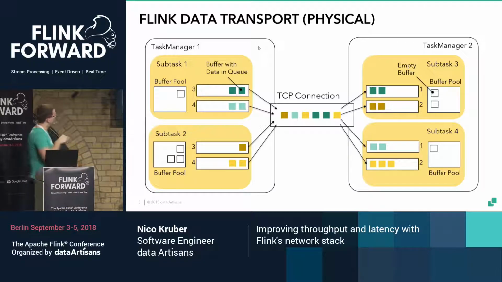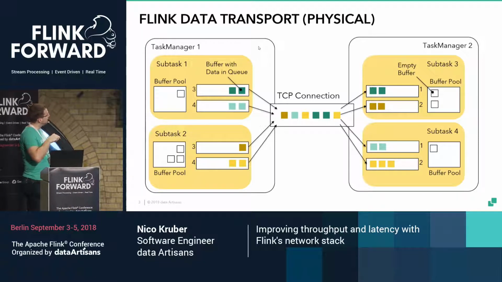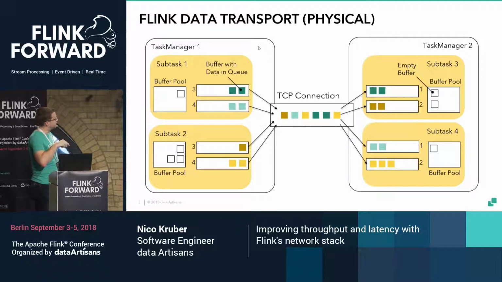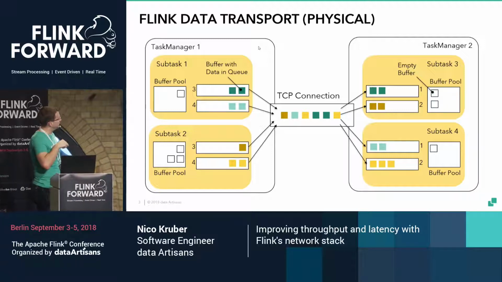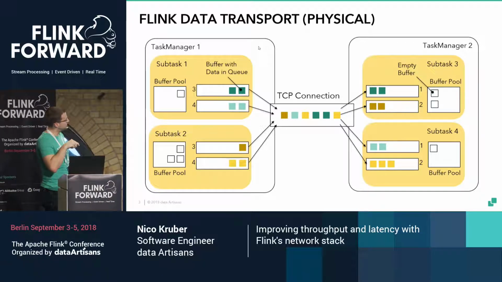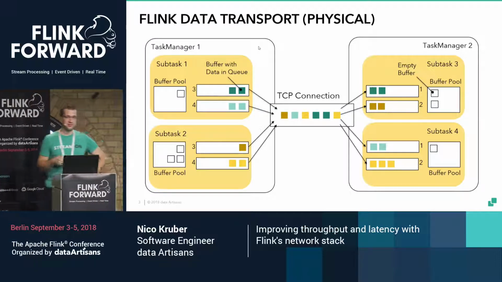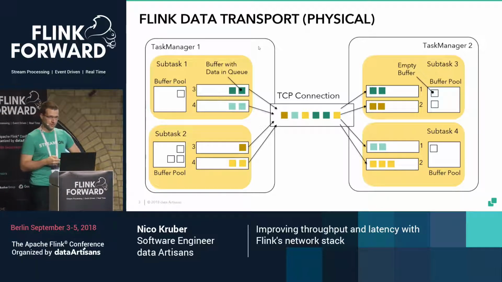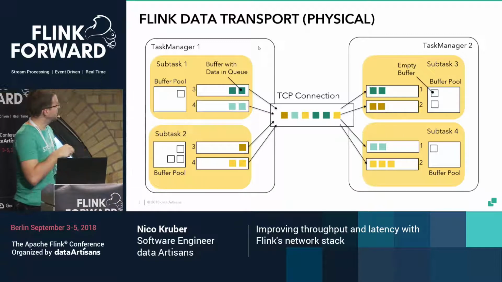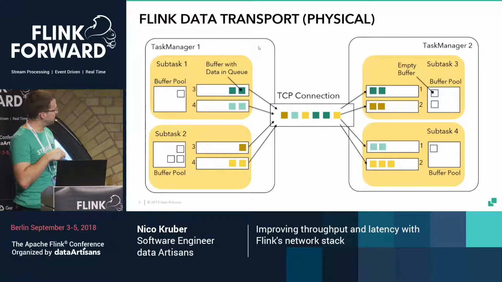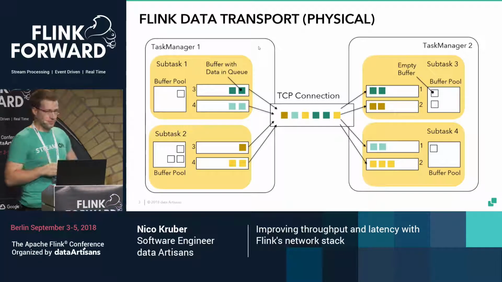So this subtask creates output that will be used by input for subtask 3, that's that queue, and for subtask 4, that's this queue, and the same for the other ones. And subtask 3 receives input from both tasks from the previous stage. So in those queues, we have the network buffers, the infamous network buffers. We'll see some more details on them and on the connection as well.